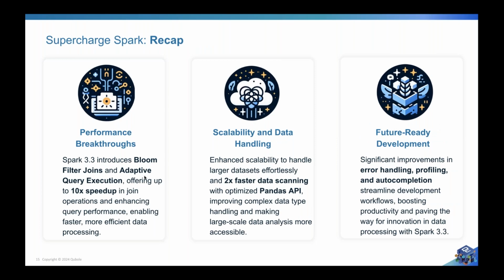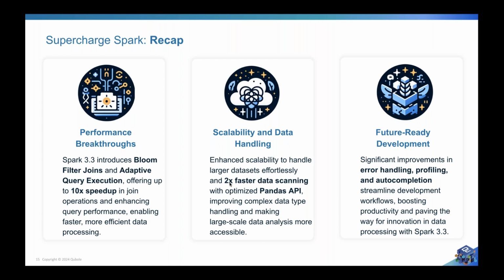Now, a quick recap. We spoke about performance breakthroughs, how Bloom filter joins and adaptive query execution basically speed things up by somewhere between 2x and 10x. Each of them will have a different improvement. The second is the pandas API I spoke about and handling the complex data types.